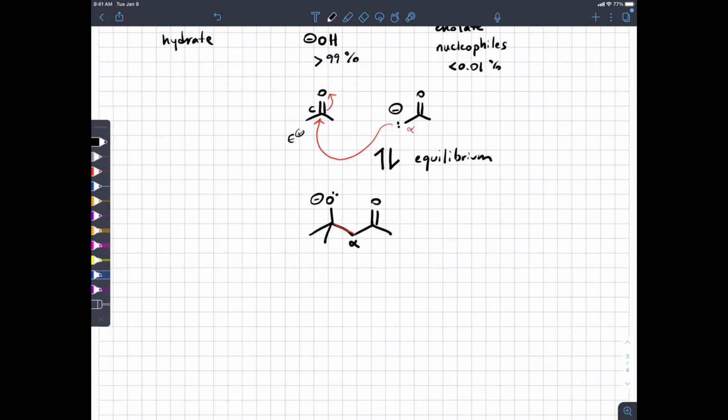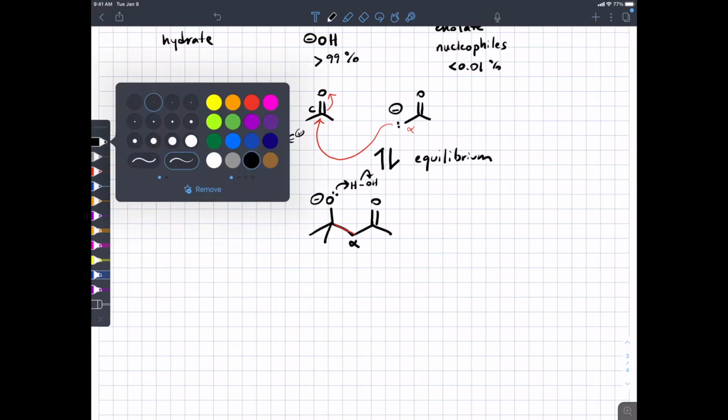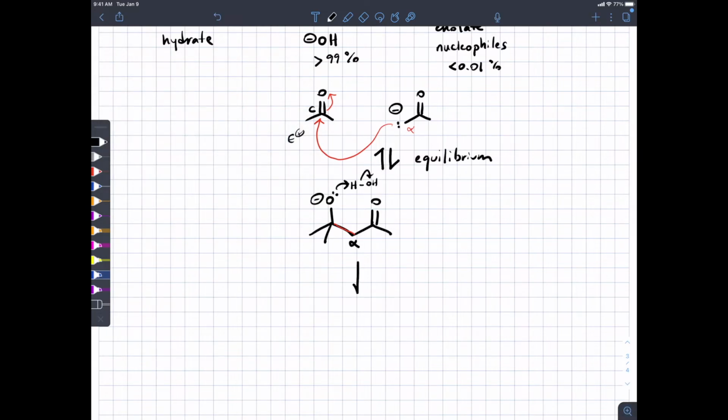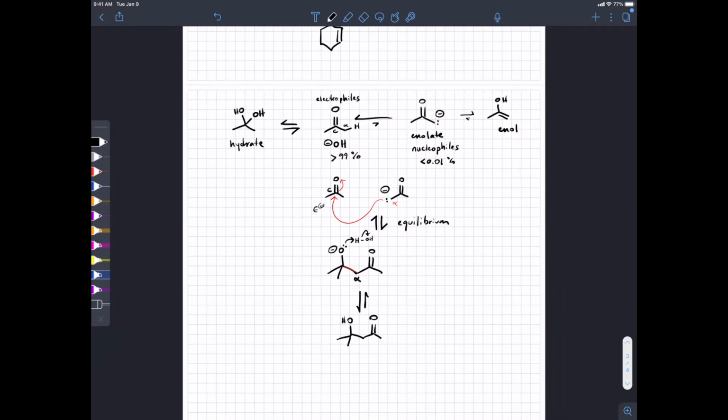In contrast, if we protonate the negatively charged oxygen, that will get us to the product of this reaction, which looks like this. So here is the new reaction.